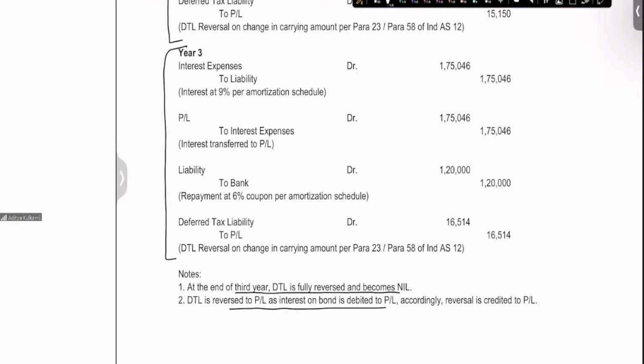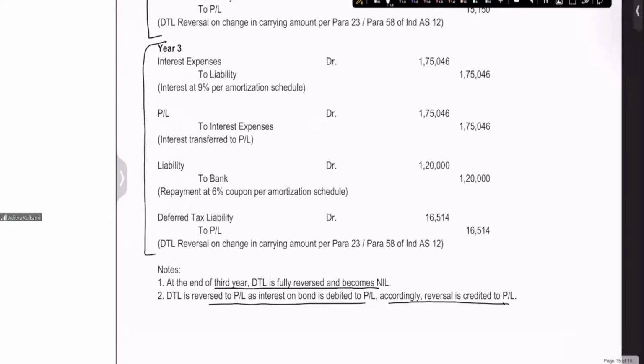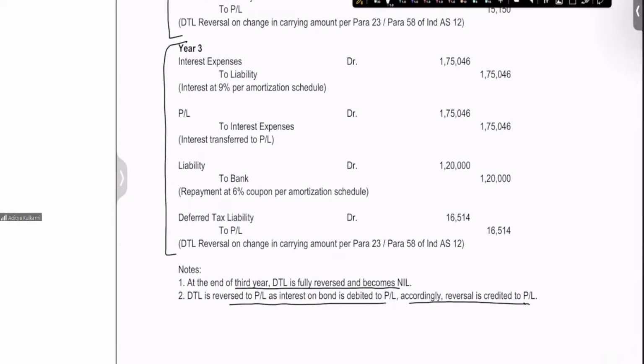The reversal is happening in the P&L because the debit is happening in the P&L, and accordingly the reversal is credited to the P&L. And remember, if you have studied Ind AS 32-109, you would remember that sir would have told you that the amount sitting in the equity will permanently remain in equity.